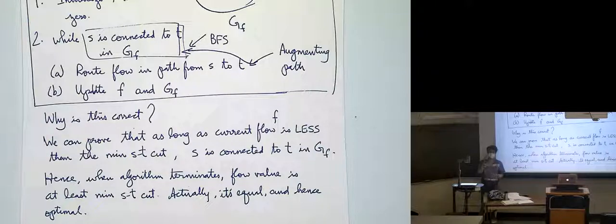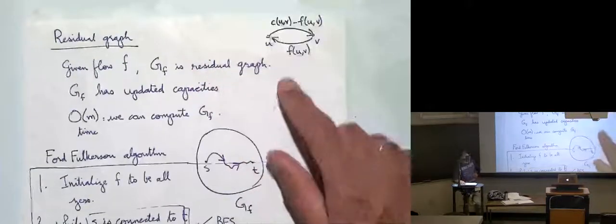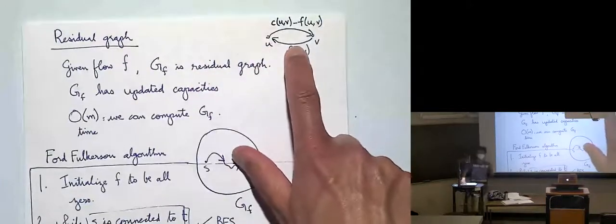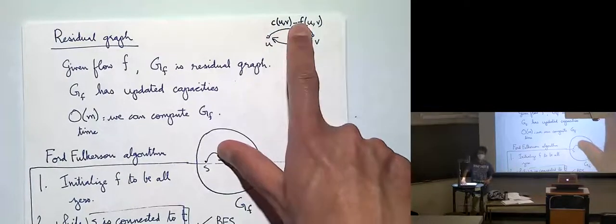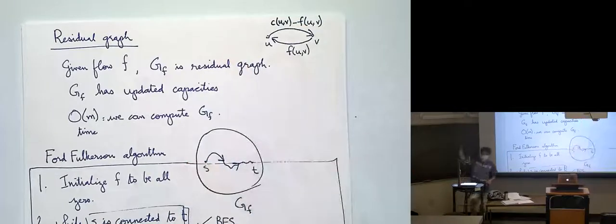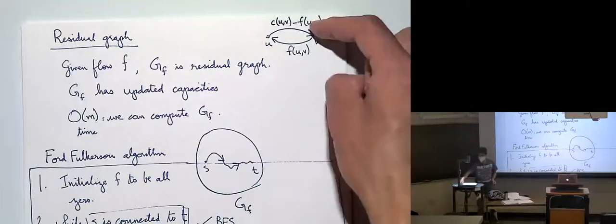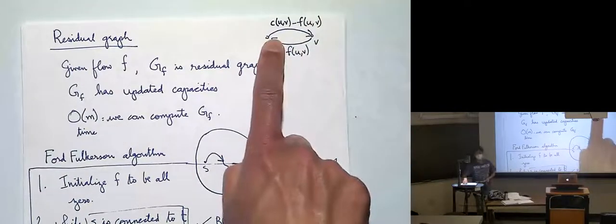Question? Yeah. So when the residual of an edge becomes 0, it disconnects. So yeah, if you essentially route the entire flow through it, like if you route CUV units of flow, the edge becomes empty, but then the back edge will now start having a capacity. So in some sense, there's a trade-off. Like the sum of capacities is always CUV.